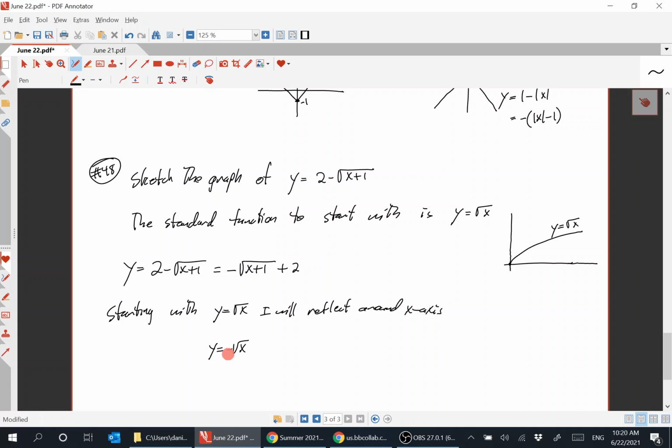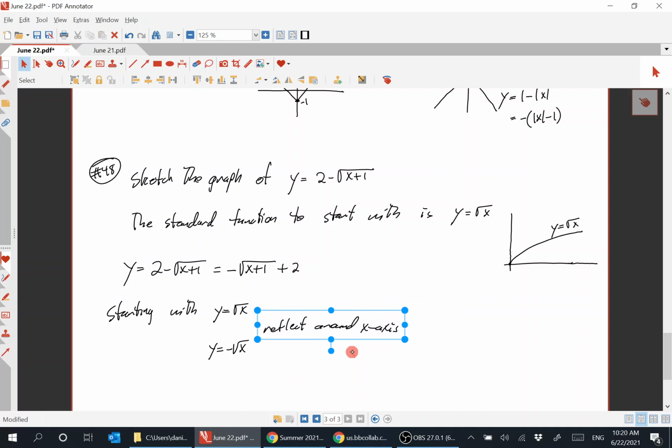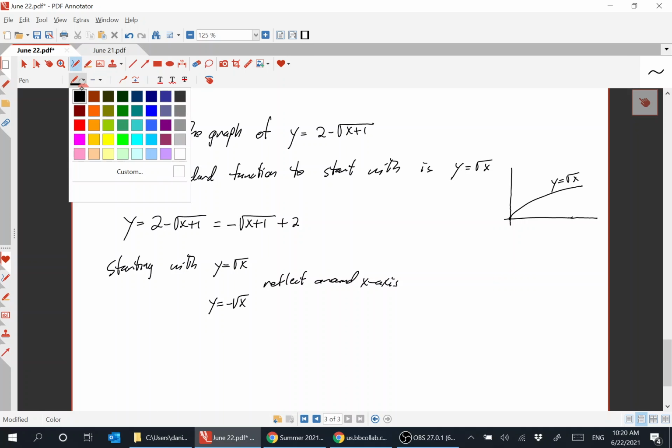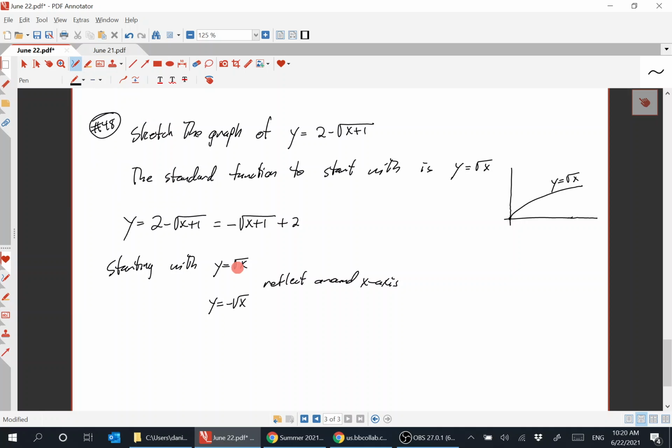Reflect around the x-axis, and you get this, just negating the whole function. So this is f of x is equal to square root x. To reflect around the x-axis, you just negate the whole thing.